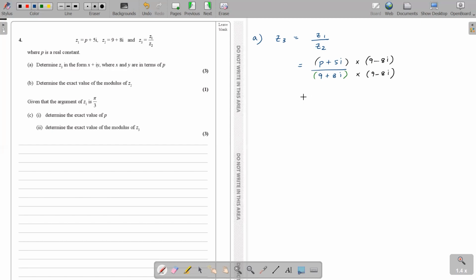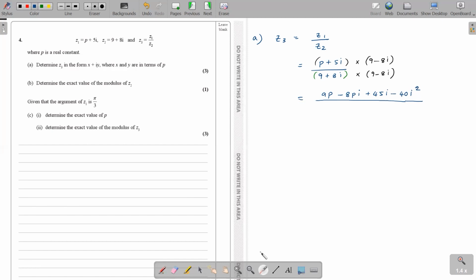Okay, so how does that work? Let's multiply out. p into 9 is 9p, p into minus 8i is minus 8pi, 5i into 9 is 45i, 5i into 8i is minus 40i square. Are you with me?